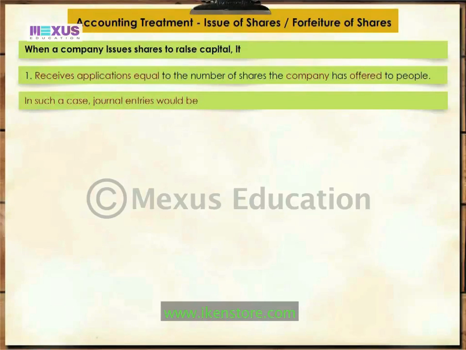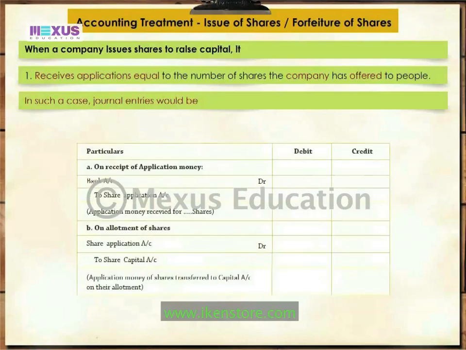In such a case, journal entries would be: A. On receipt of application money, bank account debit to share application account, application money received for shares. B. On allotment of shares, share application account debit to share capital account, application money of shares transferred to capital account on the allotment.